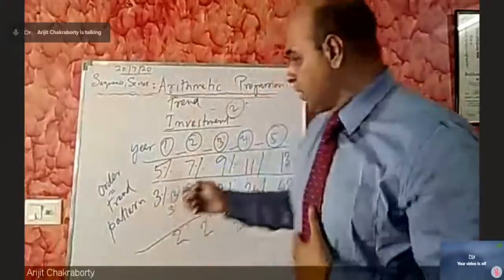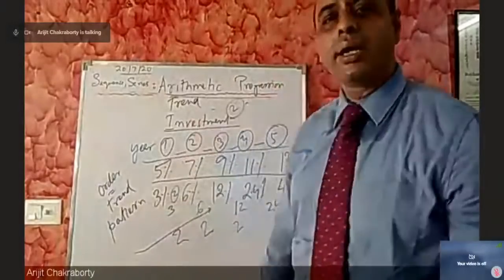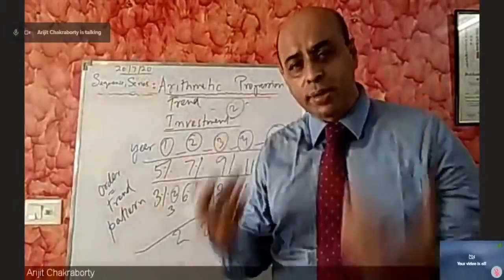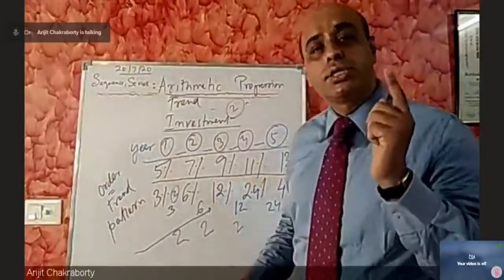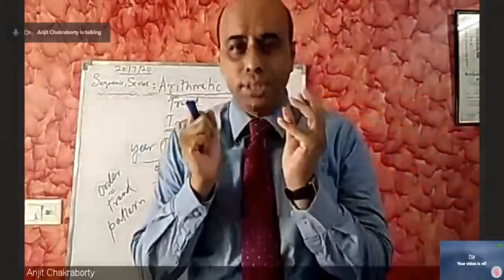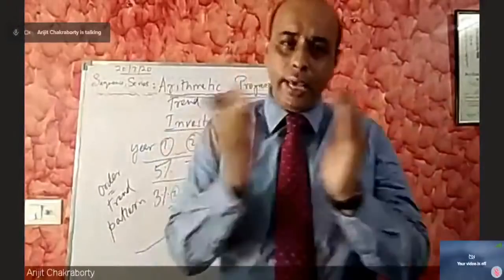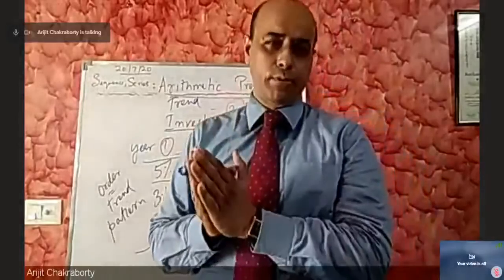But the difference between two successive terms is constant. So the first one is an example of an arithmetic sequence, and the second one is an example of a geometric sequence. So this, dear friends, is the essential difference between AP and GP, arithmetic progression and geometric progression.